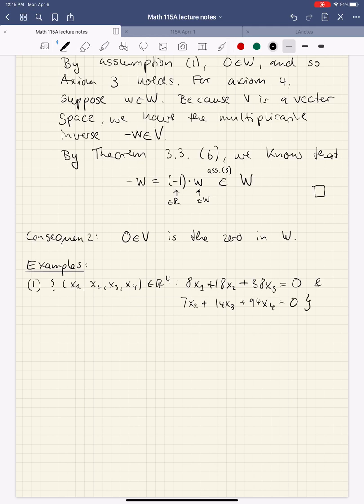This is a subspace of R4 with the usual addition and scalar multiplication.